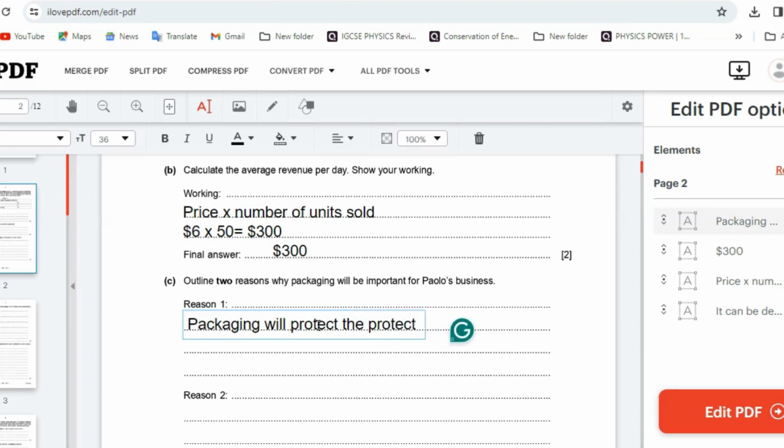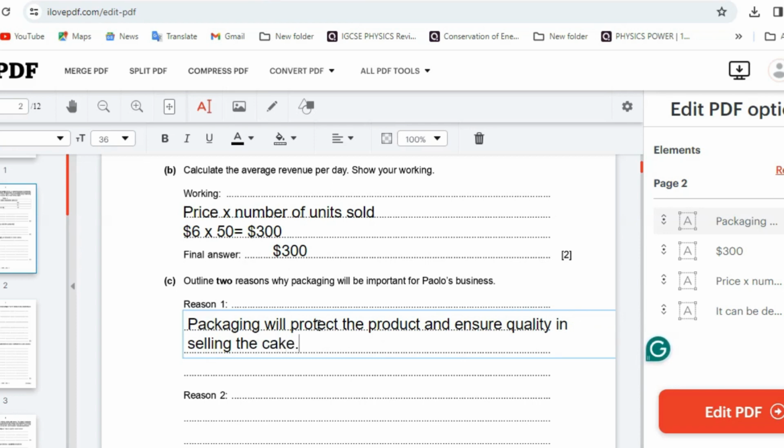It will ensure quality in making and in selling the cake.